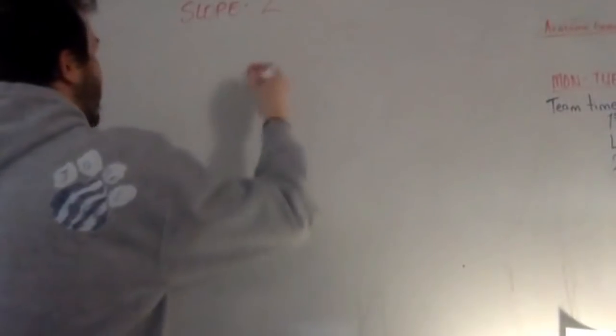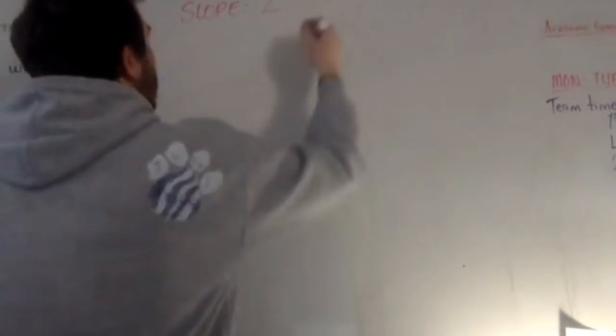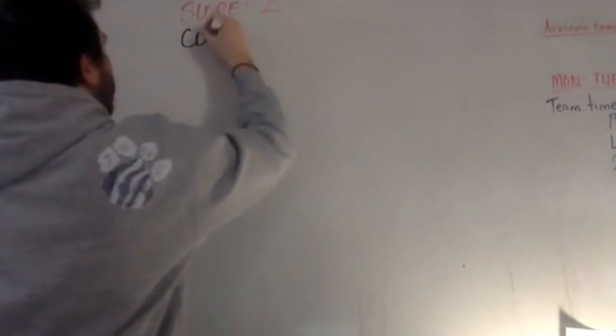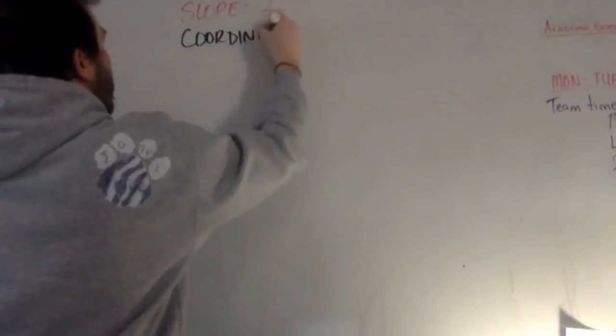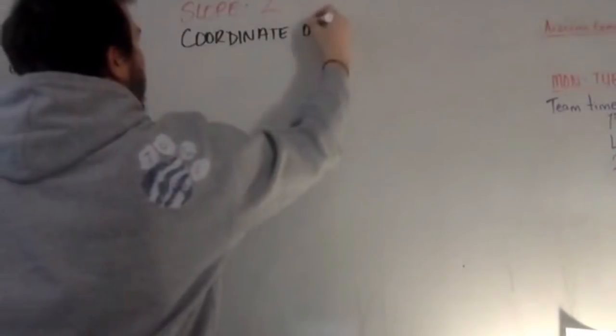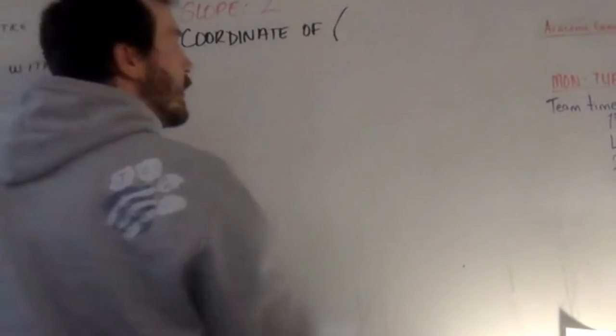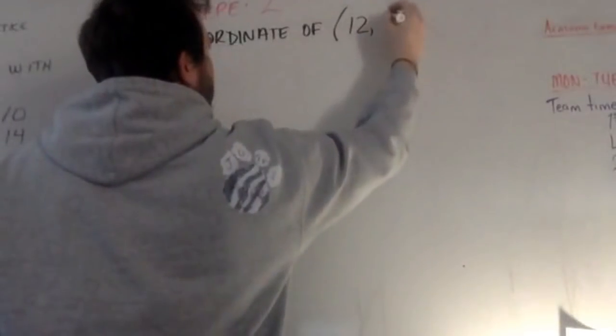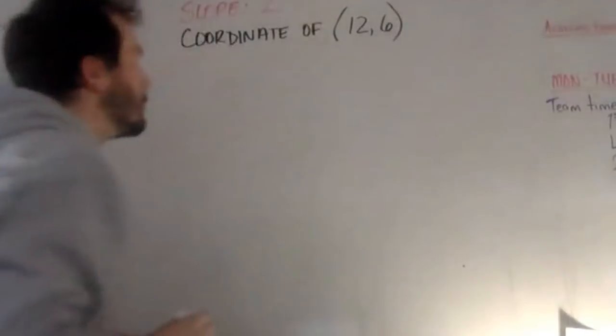For example, say we have a slope of 2 and a coordinate of 12 and 6.